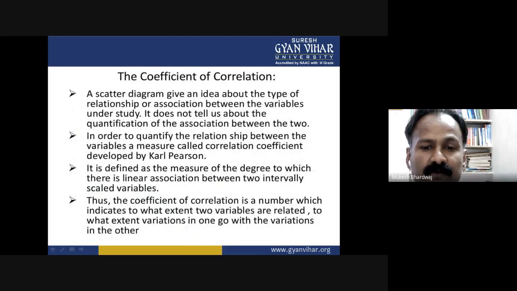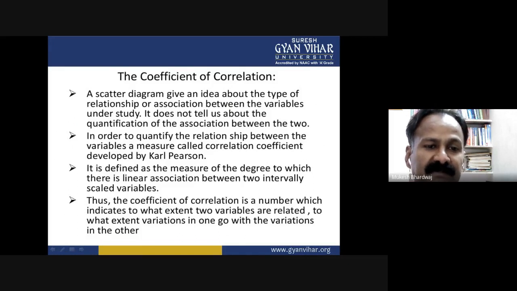The coefficient of correlation. A scatter diagram gives an idea about the type of relationship or association between the variables under study. It does not tell about the quantification of the association between the two. In order to quantify the relationship between the variables, a measure called the correlation coefficient was developed by Karl Pearson.